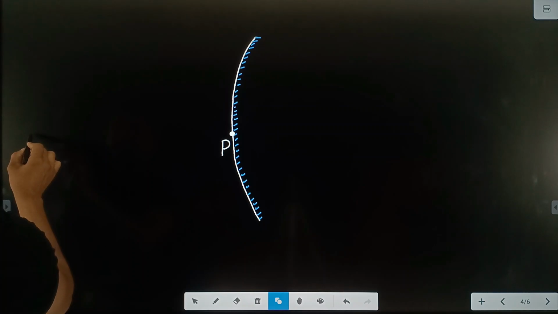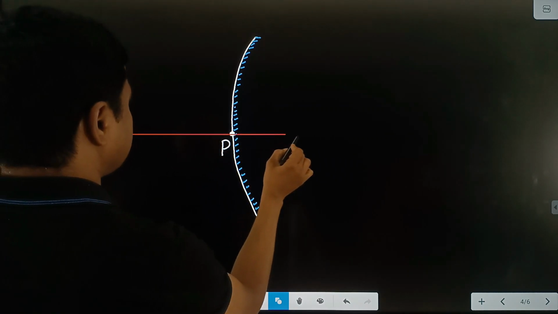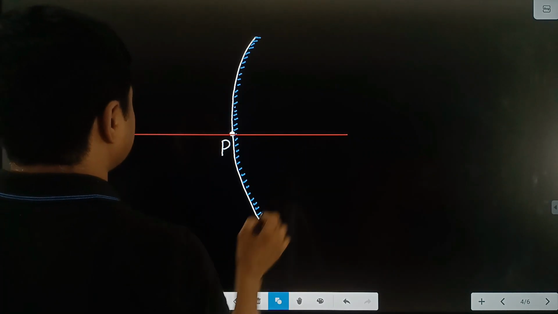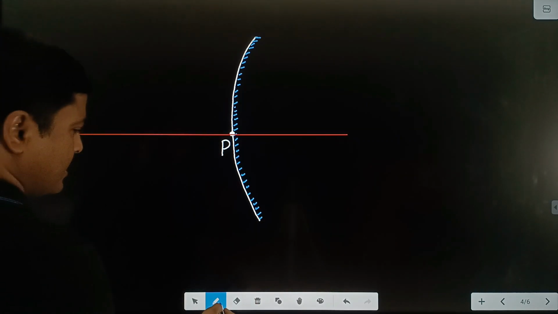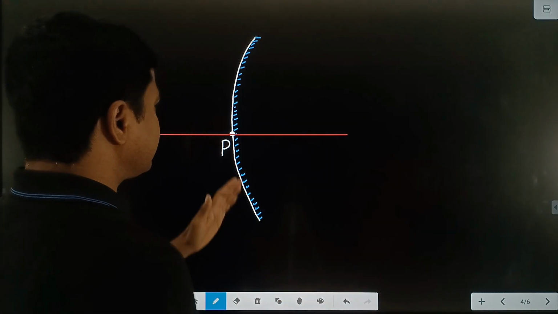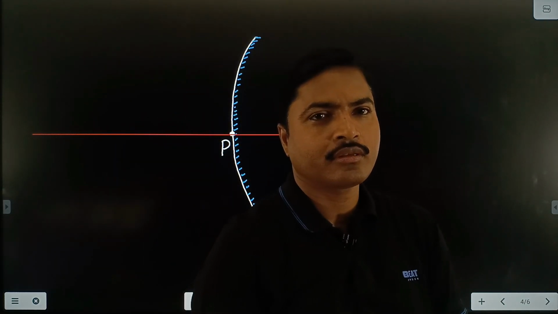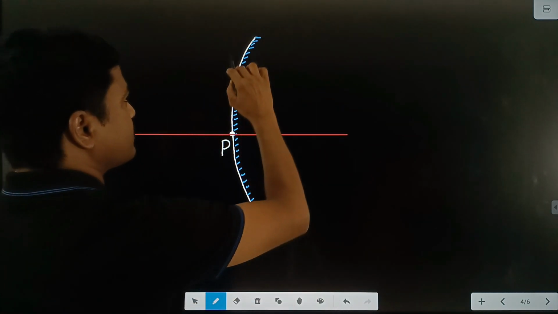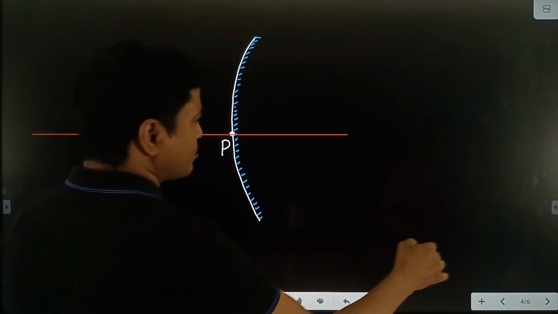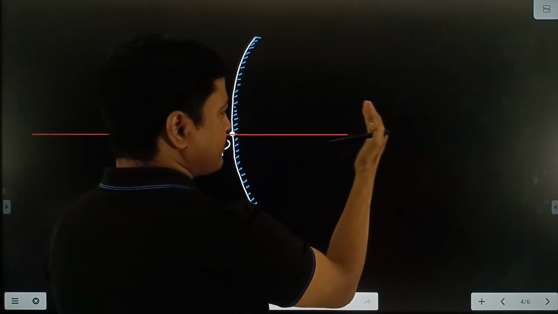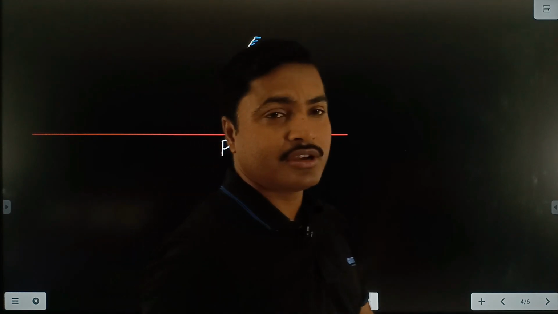And a line passing through the pole and perpendicular to the reflecting surface at the pole is known as the principal axis. And here, in case of a convex spherical mirror, if we draw the whole sphere, this is the total sphere, so on this side the center of the sphere is there.